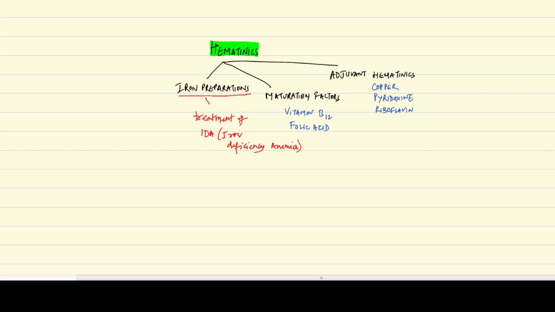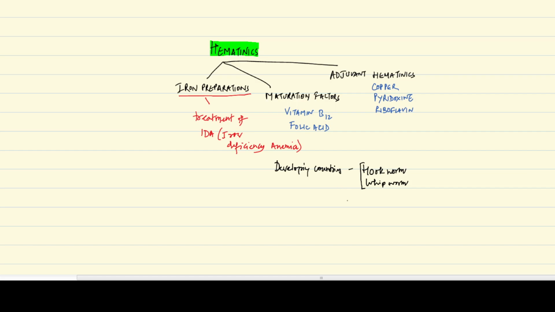For example, in, say, developing countries, there is endemic infestation with hookworm or whipworm. Okay? So this infestation results in bleeding from the GIT, and that results in anemia.